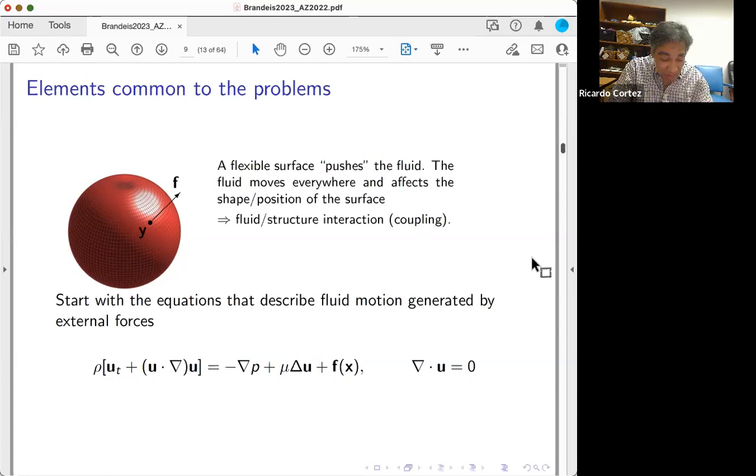So the starting point for us is usually the Navier-Stokes equation. This is quickly going to be reduced to a linear equation, the Stokes equation, but typically the Navier-Stokes is the starting point with external forcing, and the external forcing is the organism, external to the fluid.